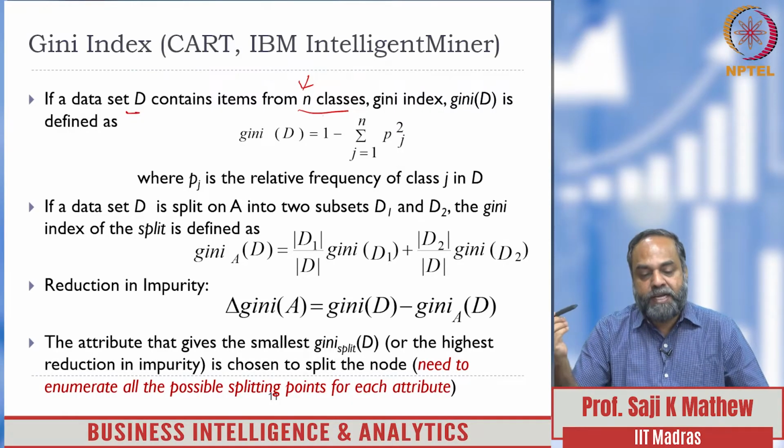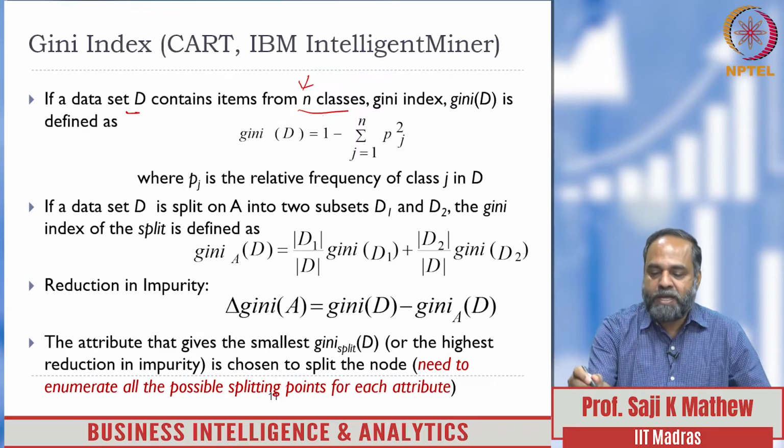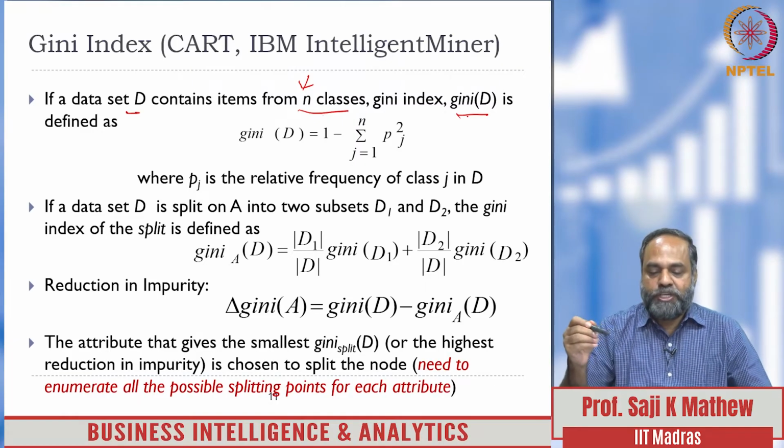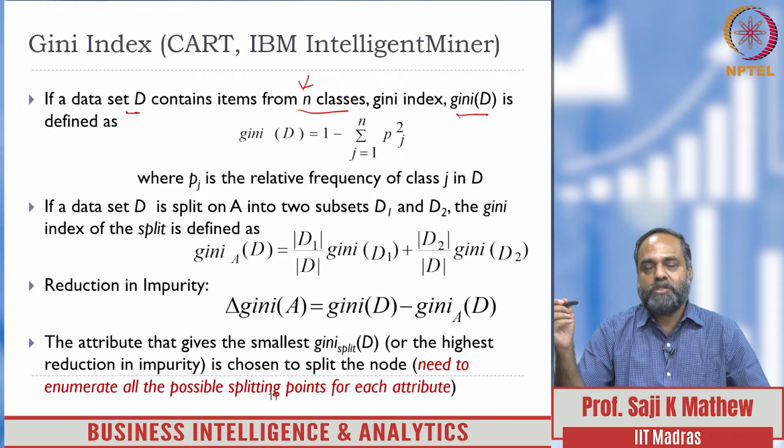So if a data set D contains items from n classes, the Gini index, represented as Gini(D), is given by 1 minus the sum for j equals 1 to n of p_j squared, where p stands for the proportion of the jth class in the given node.